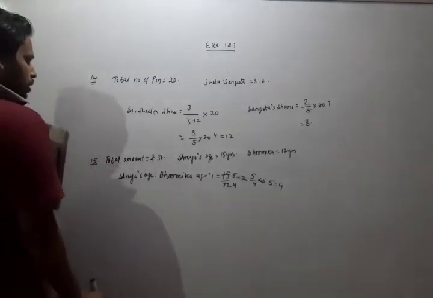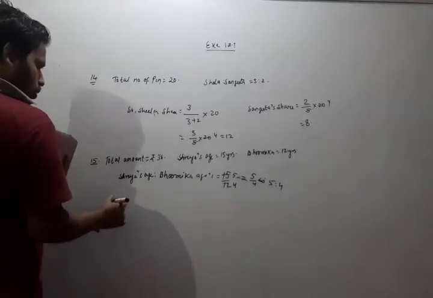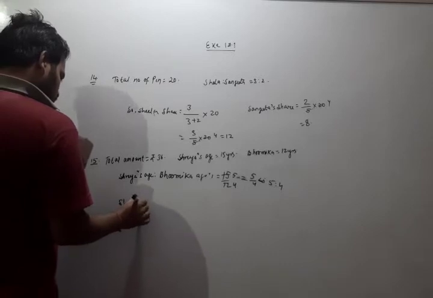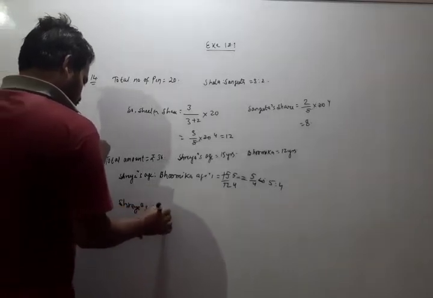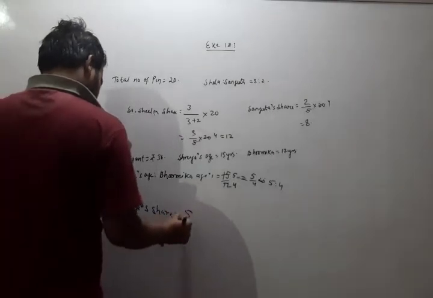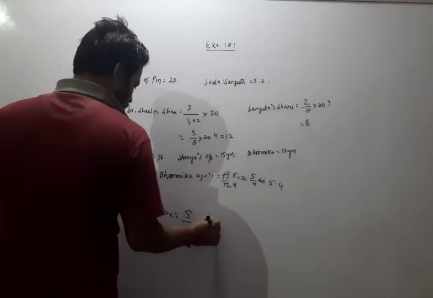We will do it by the same method we have used in the previous question. So Shreya's share will be, what is its ratio? 5 upon the sum of the ratio 5 plus 4, into total amount.